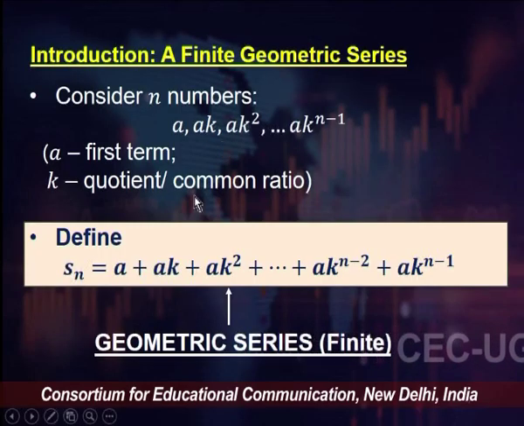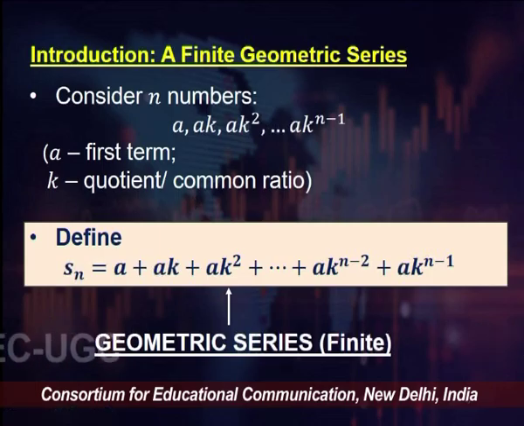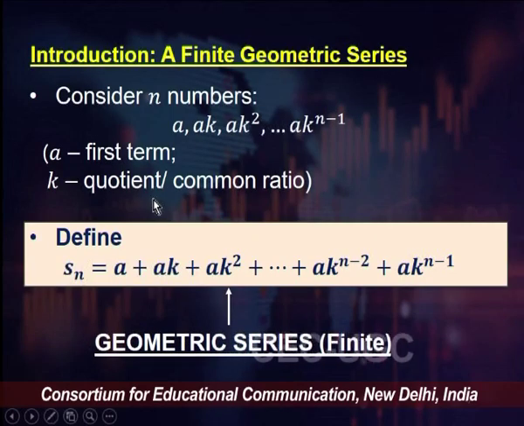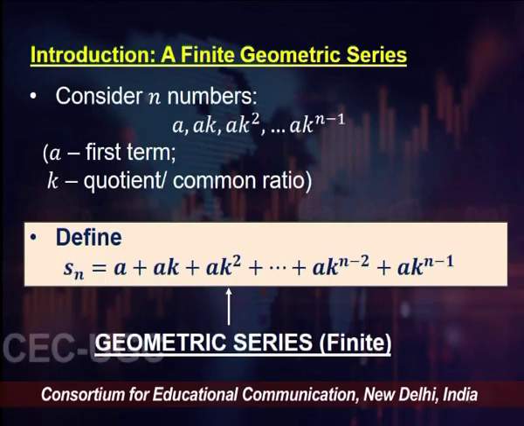So, basically every term is generated by multiplying the previous term by the constant k, and that is why k is known as the common ratio, because if you take the ratio of any term with the previous term, the ratio is a constant k. So, this k is known as a common ratio or the quotient.